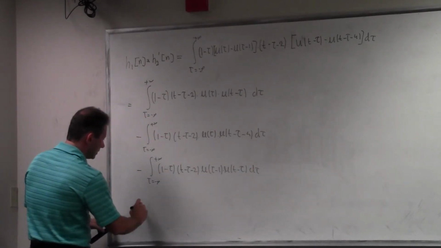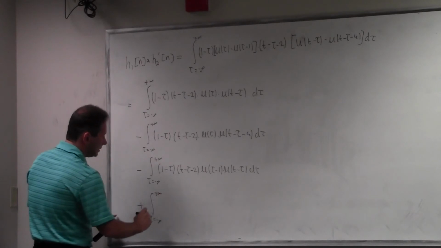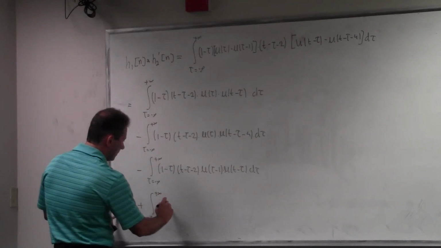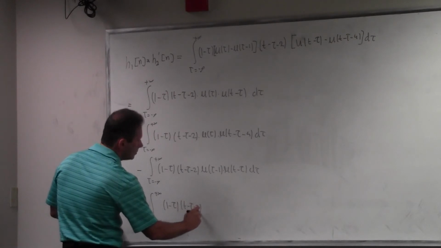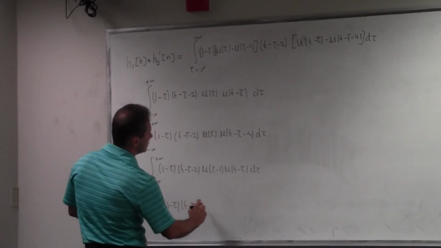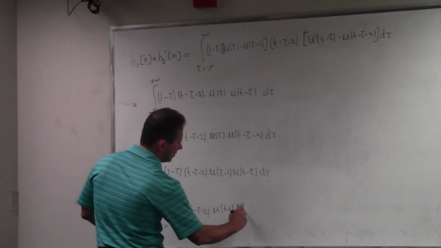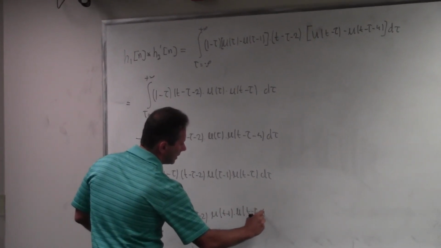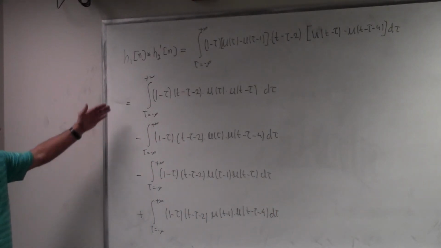The fourth integral is plus, tau from minus infinity to plus infinity, 1 minus tau, t minus tau minus 2, u of tau minus 1, u of t minus tau minus 4, d tau. So you have 4 integrals. Now it's the key step.